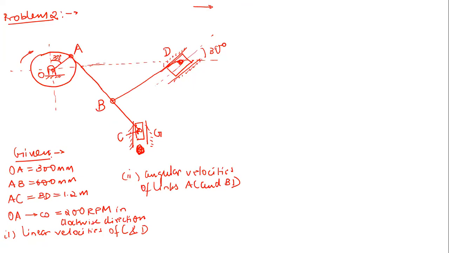So see, always remember the step. First, to break this mechanism, complex mechanism into simpler mechanism. So what are the two simpler mechanisms which we can derive from here? Sir, OAC and DBC. OAC and DBC. Okay.